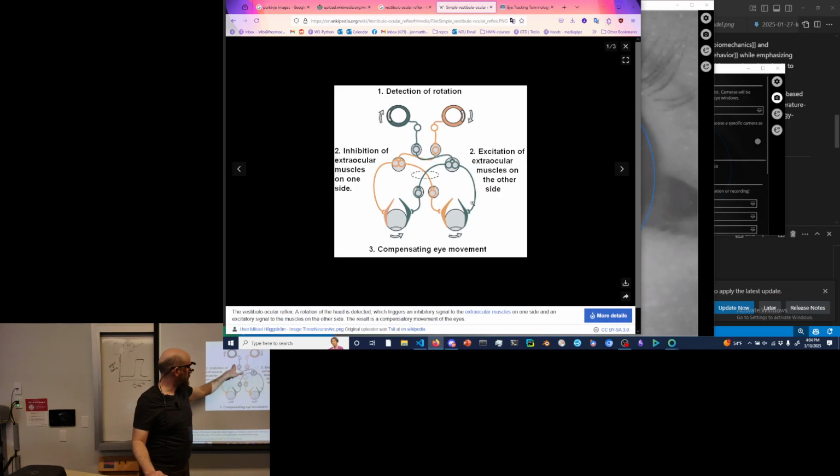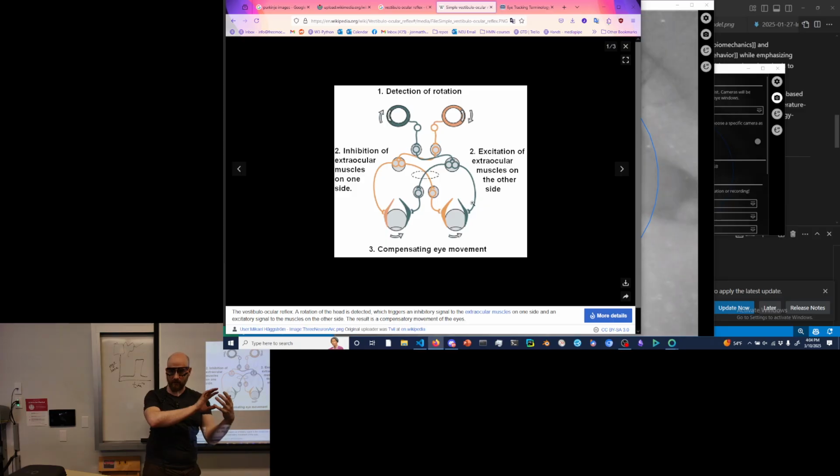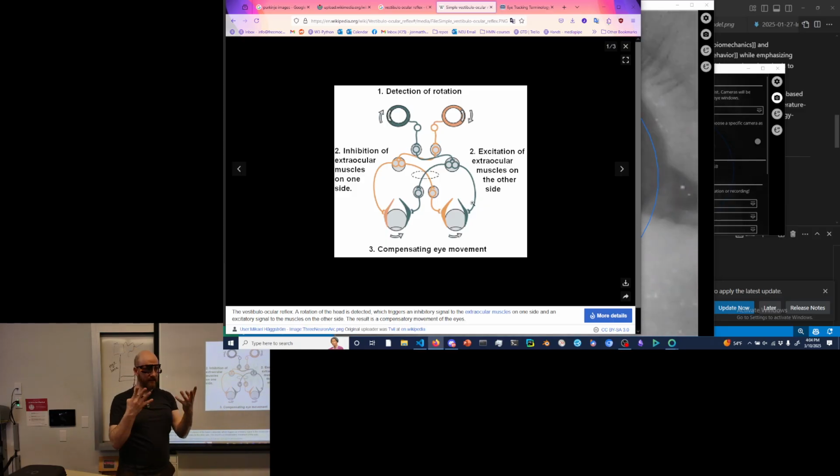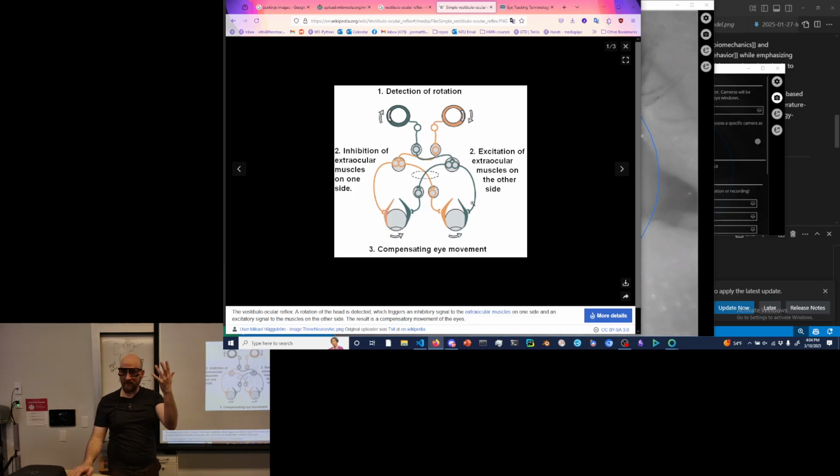Your vestibular organs are these very interesting things in the back of your head. There are fluid-filled canals where, when you move, the gel fluid has inertia. If you move your head, it takes a second for the gel to catch up, and there are hair cells embedded in that gel.